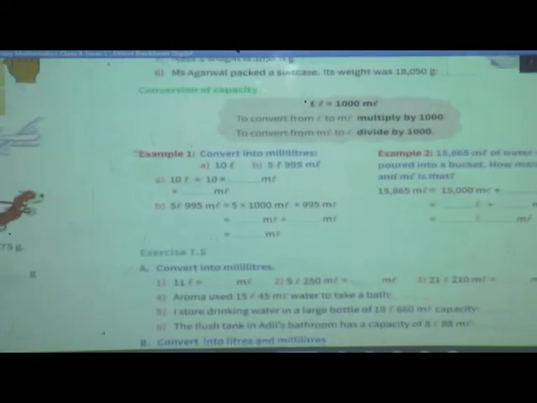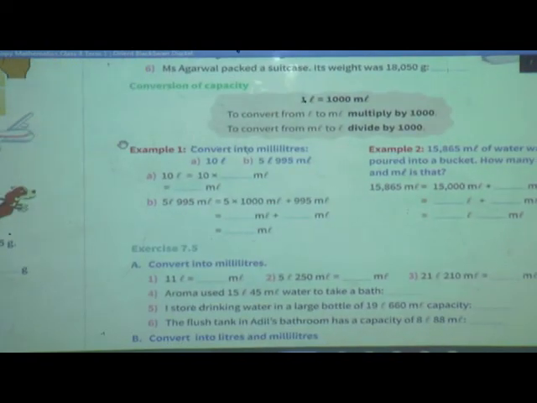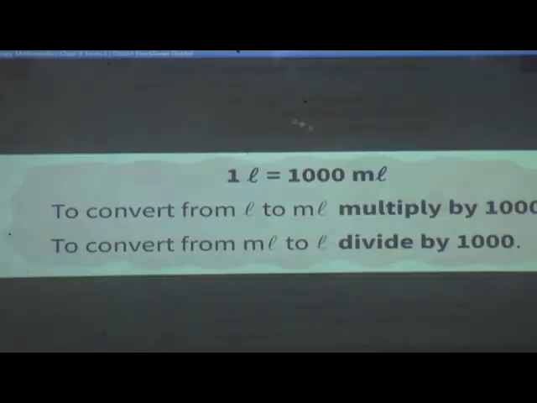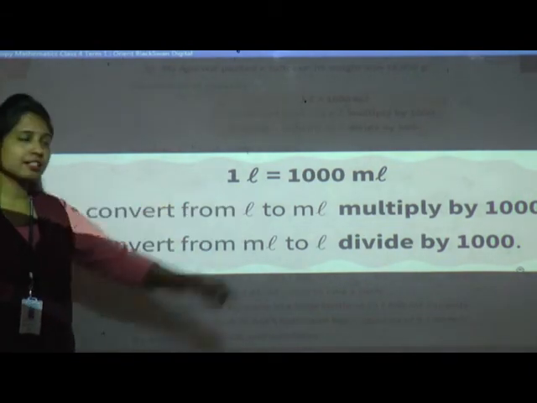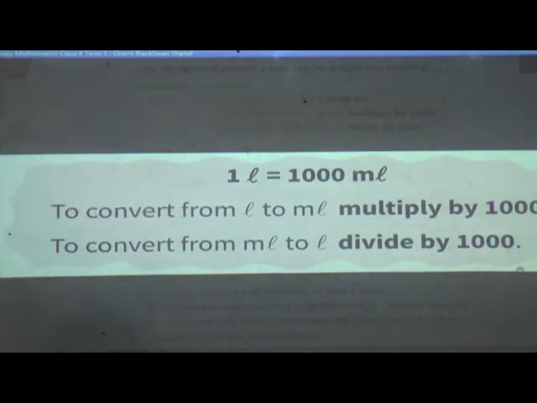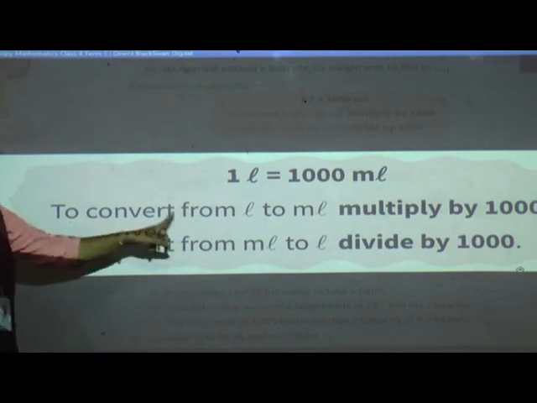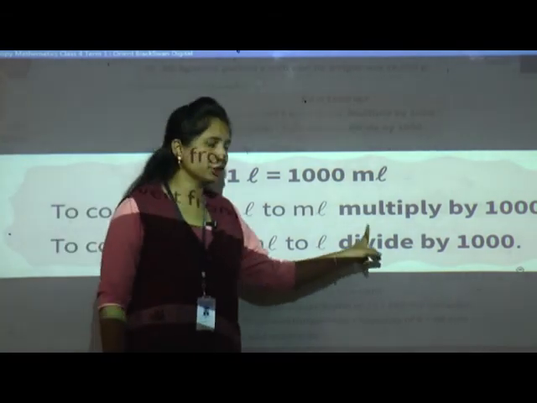Now we will see our third, that is conversion of capacity. Now we have seen conversion of length, conversion of weight, now conversion of capacity. Now how to do conversion of capacity? See, I have given you examples of water bottle. 1 liter is equals to 1000 milliliter. To convert from liter to milliliter, what you have to do?